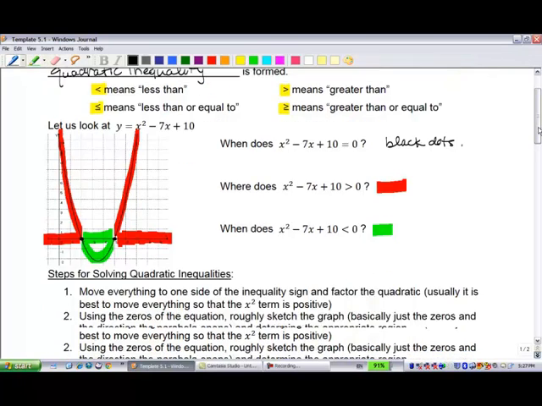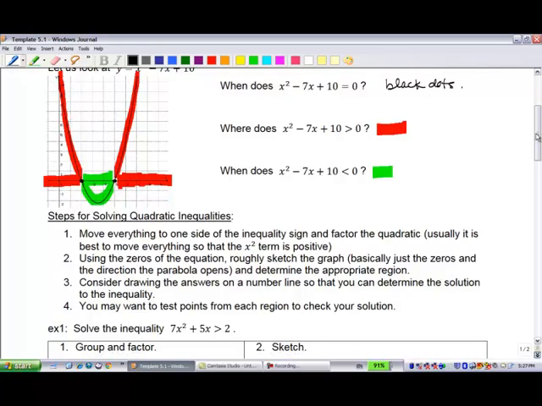So if we can sketch a graph of a quadratic, it's very easy to figure out if we need to shade above or below based on the inequality. So I came up with 4 quick steps here. When we solve these algebraically, I don't want to always have to graph them precisely. We're going to move everything to one side of the inequality sign and factor the quadratic.